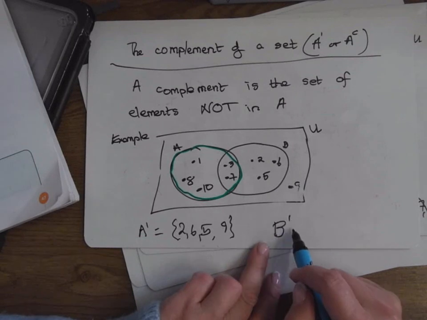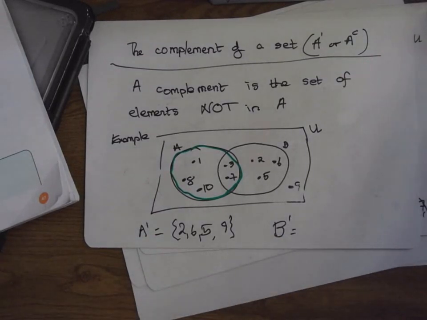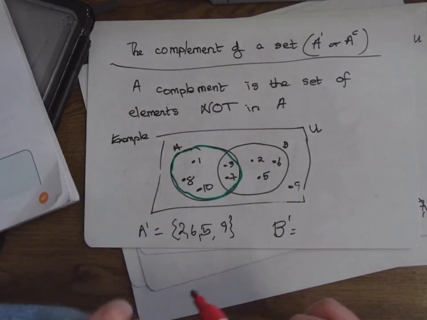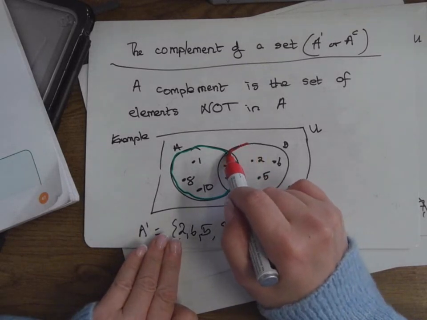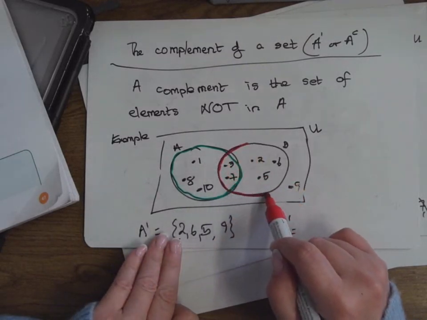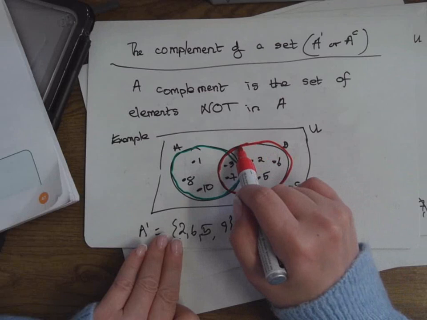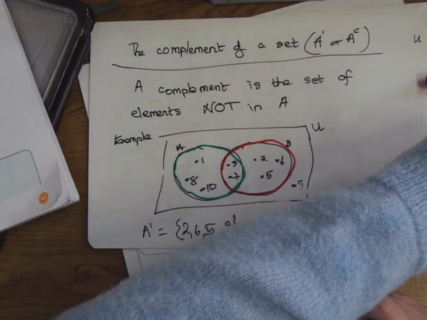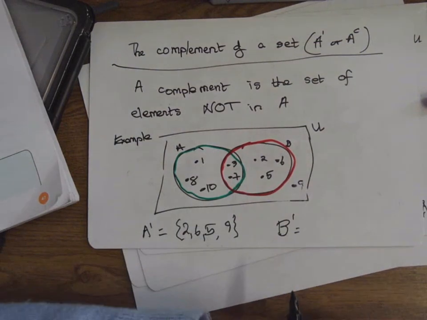What if I did B complement, and I have to get a different color pen? I don't want my red one, I love red. So B complement, girls, is outside the red circle. It doesn't matter where it is. If it's outside the red circle, it's part of B complement.